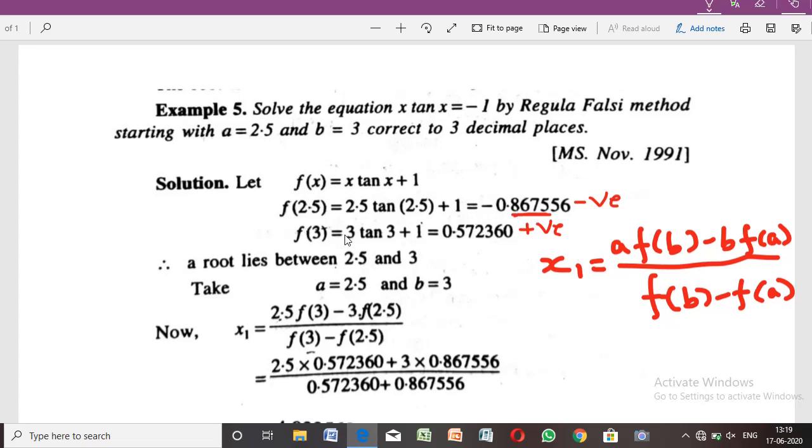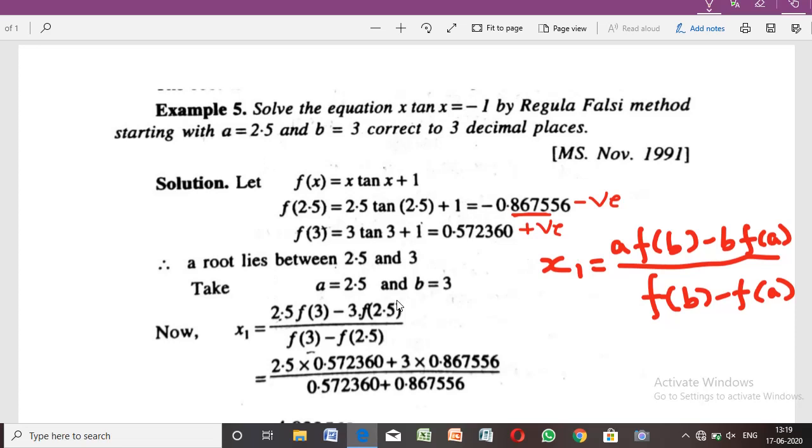Put x equal to 3, we get 0.572360, a positive value. Here is a negative value and here is a positive value, so they are of opposite sign, so the root lies between 2.5 and 3. Take a equal to 2.5 and b equal to 3, as already given.